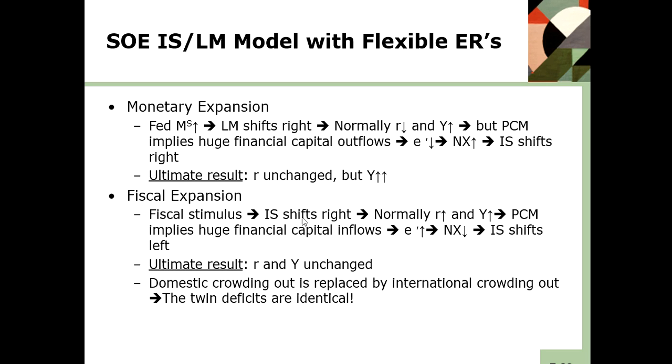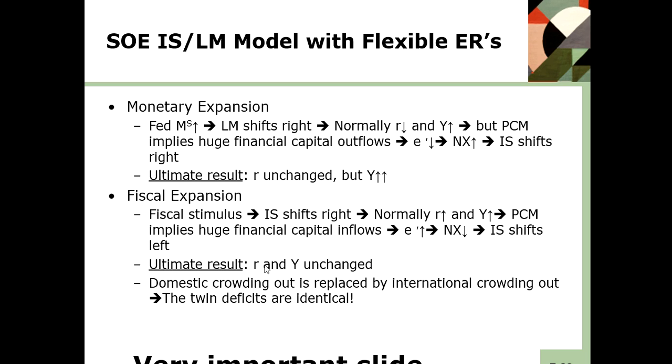So what about fiscal stimulus? The IS curve shifts to the right. Normally the interest rate increases and income also increases. But there will be capital inflows, the exchange rate increases, net exports decrease, and IS shifts back to the left.